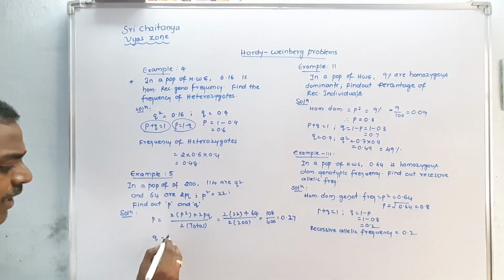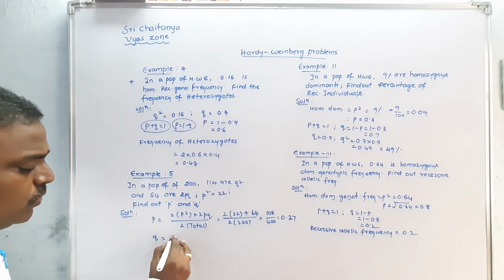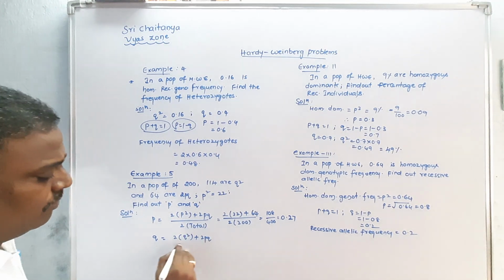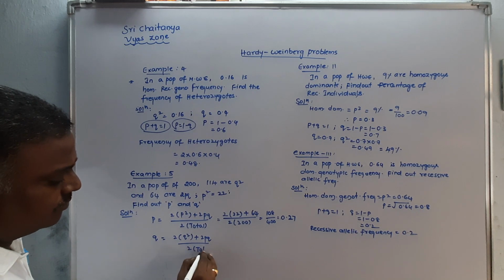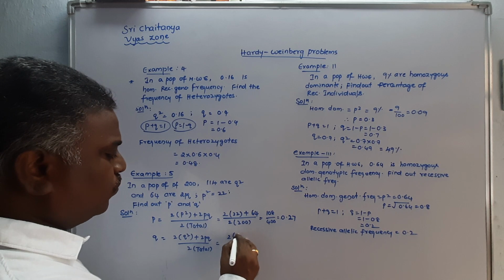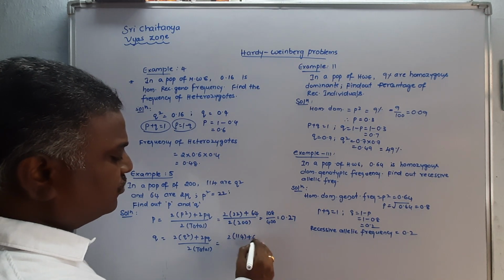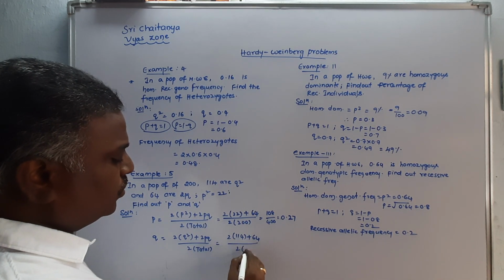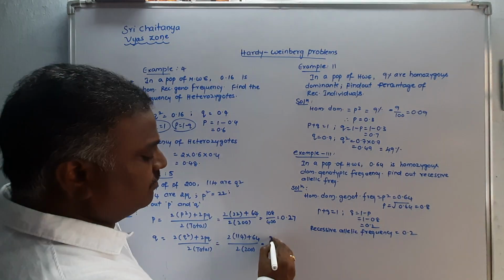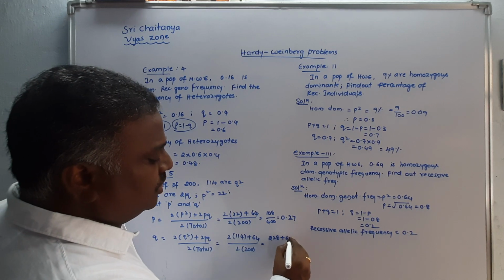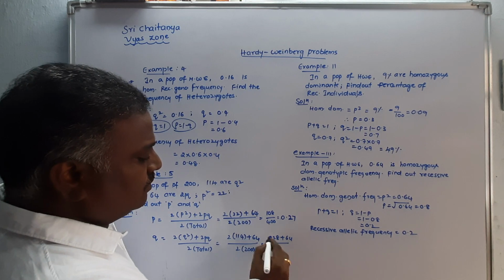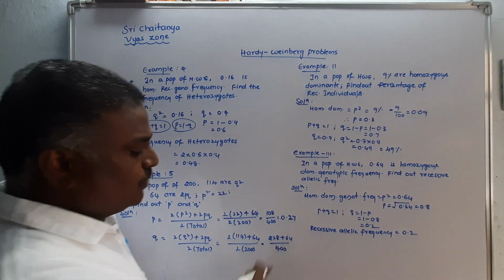Whereas the recessive allelic frequency Q is equal to 2 into Q square plus 2PQ by 2 into total. That is equal to 2 into Q square, 114, plus 64, by 2 into total 200. 114 twos are 228. 228 plus 64 by 400. How much value, Nana?